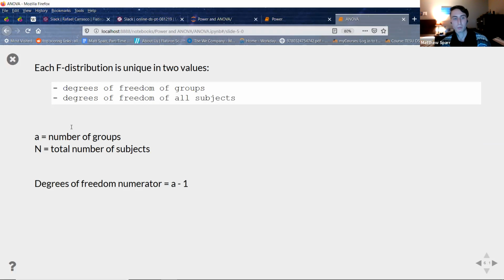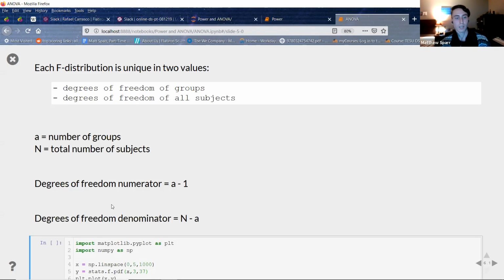In our case, we had 4 different groups for the 4 different substances, and then each one had 10 participants, so we have 40 total subjects. So the degrees of freedom of the numerator is just the number of groups minus 1, and then the degrees of freedom of the denominator is the total number of subjects n minus the number of groups.